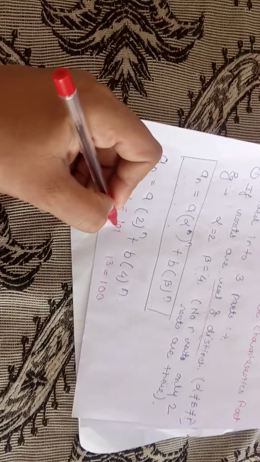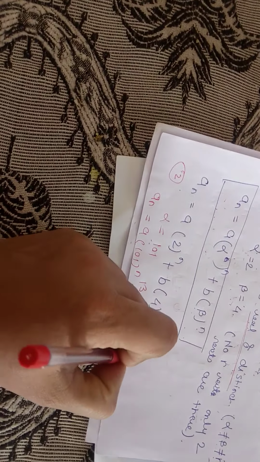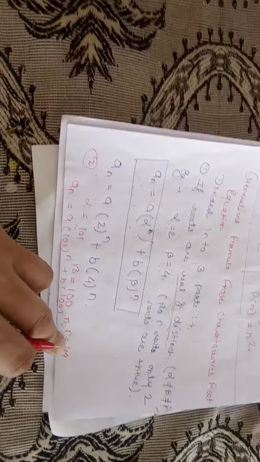So my resultant equation for these values will be a n is equal to a into 101 to the power n plus b into 100 to the power n. I think you understand the first part. If two or more values are not the same, and I have a third value gamma equal to 104, then these three values are again different.